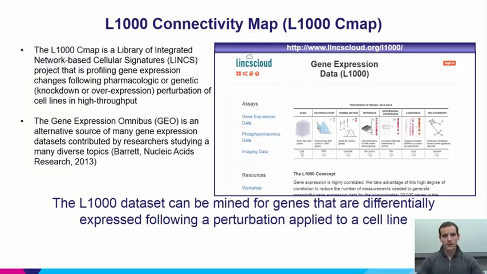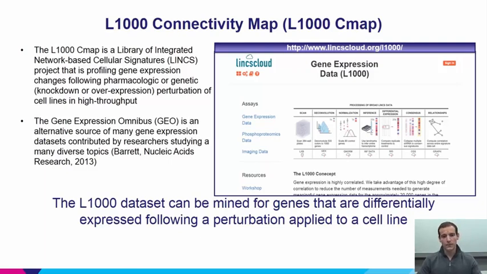The next resource is called the L1000 Connectivity Map, or CMAP for short. This is another project that's part of the broader LINCS project. And what the L1000 CMAP project is doing is profiling gene expression changes following pharmacologic or genetic perturbation of cell lines.